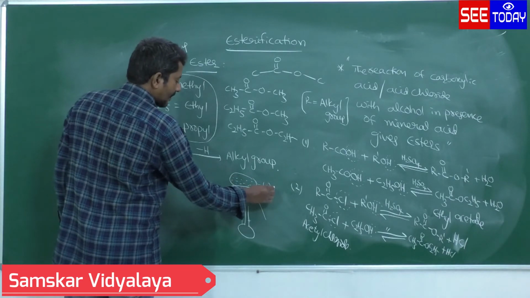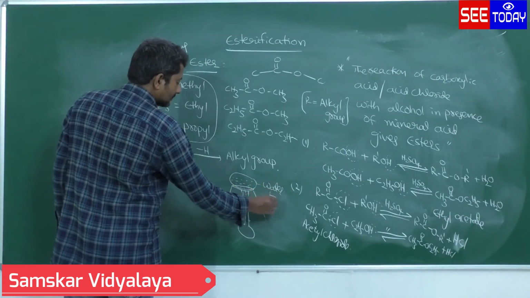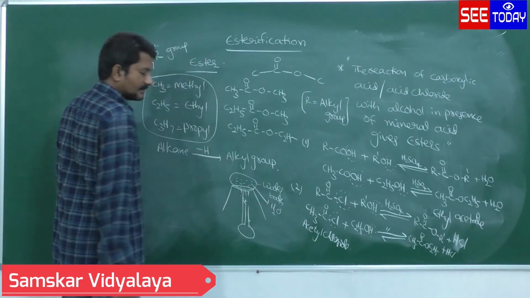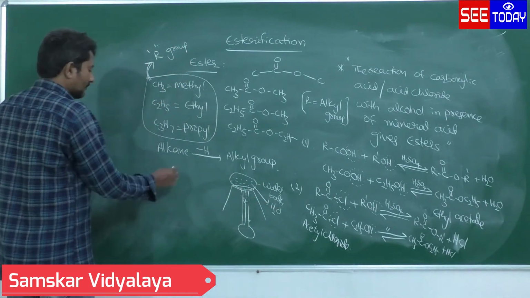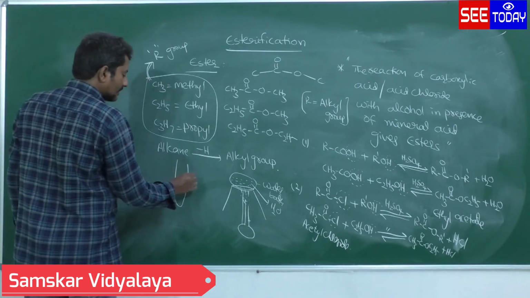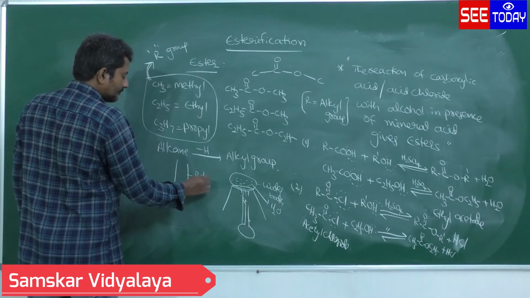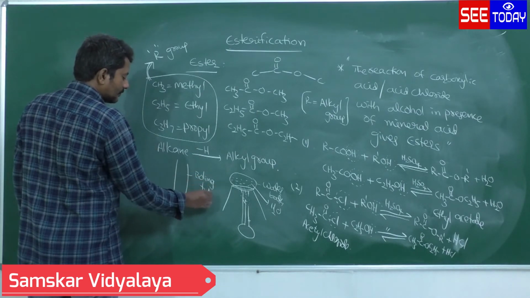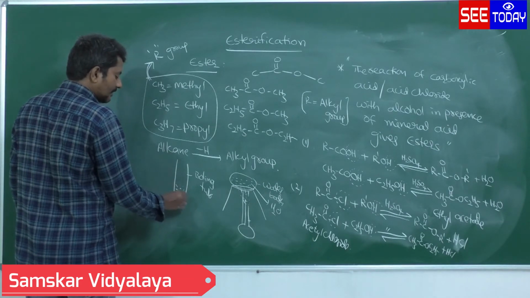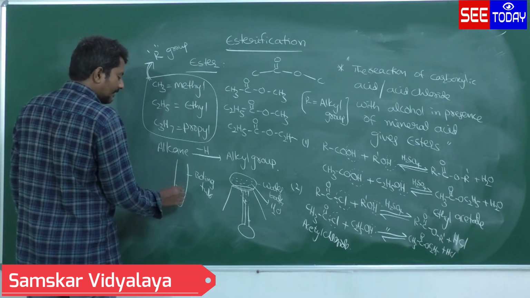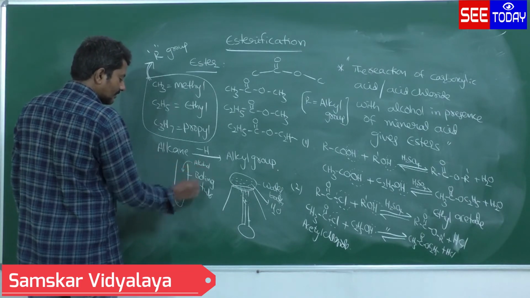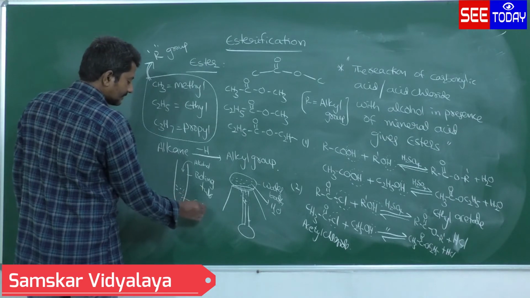This is the water bath, which contains water, H2O. Then heat it. Now you take one boiling tube. In that boiling tube, you have to take a carboxylic acid, any one carboxylic acid, and add alcohol solution.